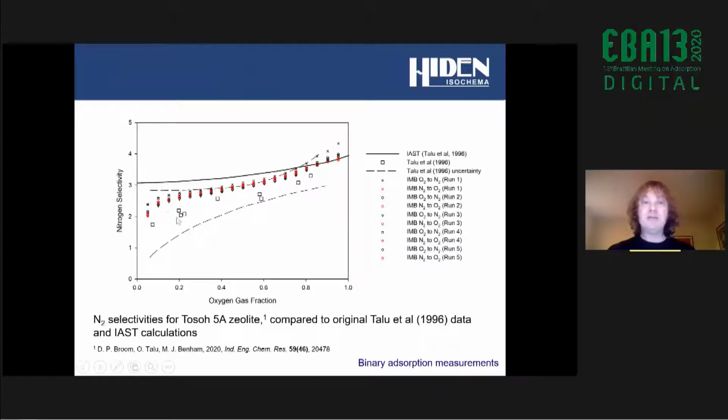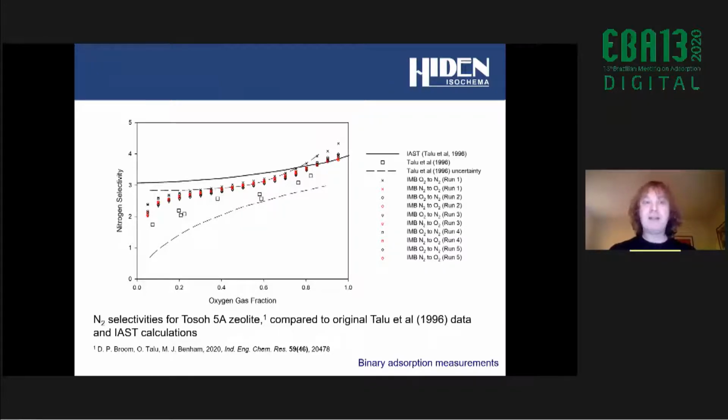The open symbols show the original Talu et al. data. The dashed lines are the upper and lower uncertainty bounds from the original Talu et al. study. And then the dark solid line is IAST calculations made in the original work. And you can see there's good general agreement. We're basically between the experimental results published before and the IAST predictions.